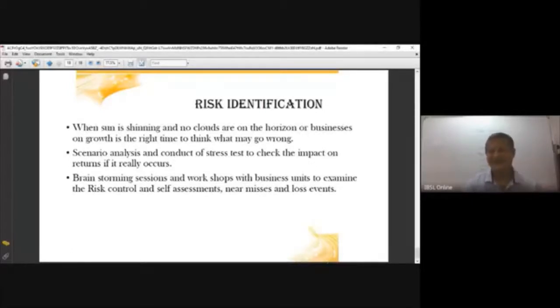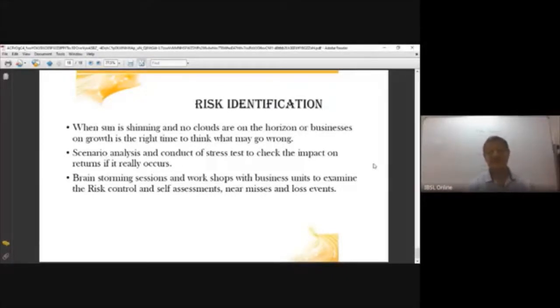So risk identification is a major part of risk management. We have come to the last slide of session 1, which is the risk identification in our process.